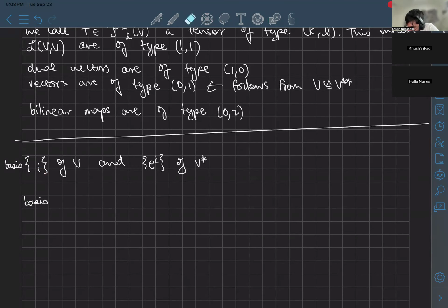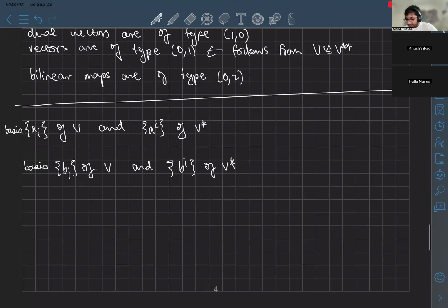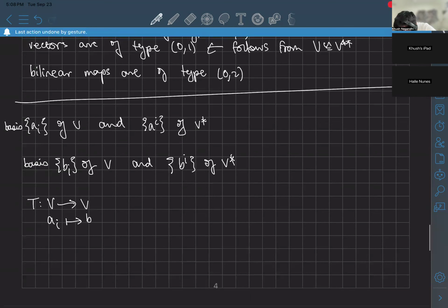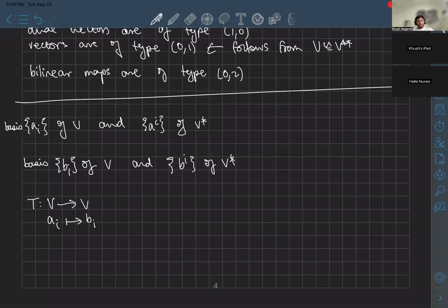Let me call this a_i, and another basis b_i of V, with corresponding dual basis of V star. Now we can have a change of basis T from V into V that takes a_i into the vector b_i.